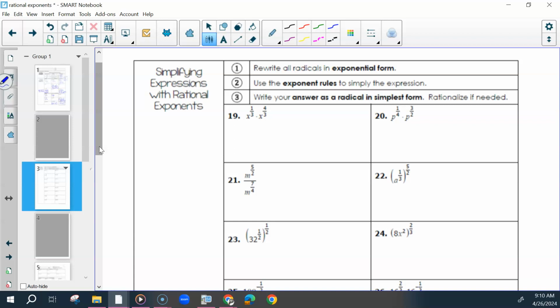One of our exponent rules, the product rule, says when we multiply like bases, we do what with the exponents? Add that, yes. These already have common denominators, so we can just add them. What would that new exponent be? X to the 5/3.